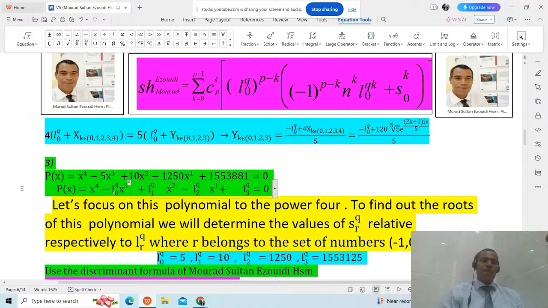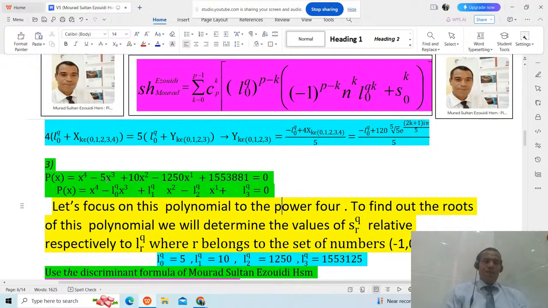Therefore, I can label L0, L1, L2, L3 for the DQ. The corresponding values written here in the original polynomial mean that L0 is 5, L1 is 10, L2 is 1,250, and L3 is 1,500.